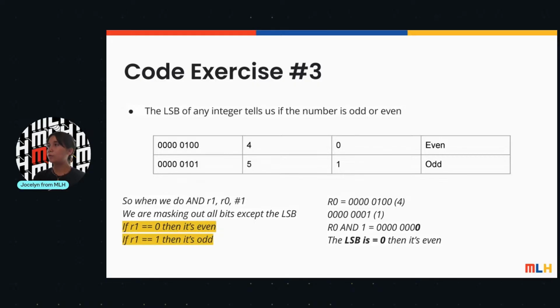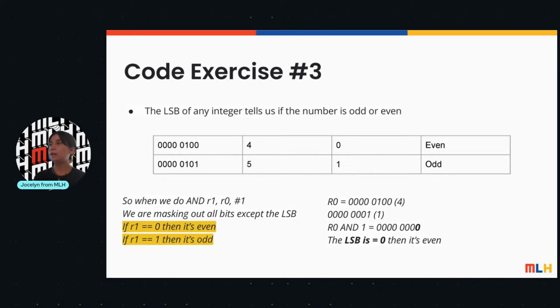That will output 8 zeros, and my last number is my least significant bit. If my least significant bit is equal to 0, then that means that my number is even. This can apply to any number, so we're going to be doing AND operations between 5 and 1, 7 and 1, 10 and 1.